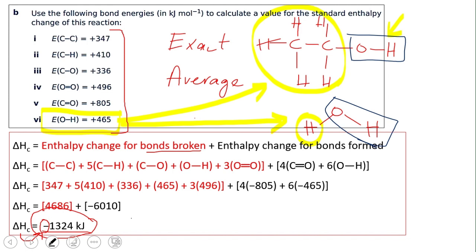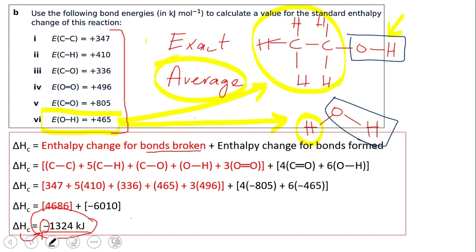Why? Because these are not the exact bond energies, these are the average bond energies of all types of OH bonds. We can have OH in different situations, so we cannot remember the exact value of the OH bond in all cases. So we just take the average value. That is why, when we do the calculation using the average value, we get a little different answer compared to the experimental value.